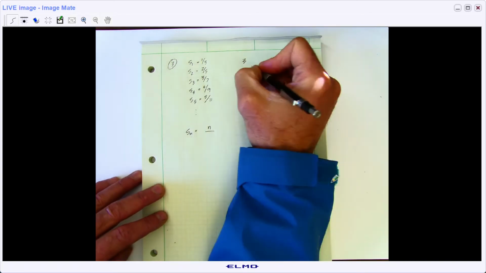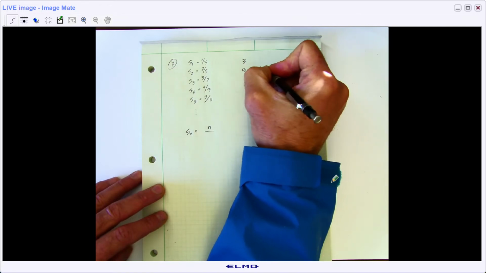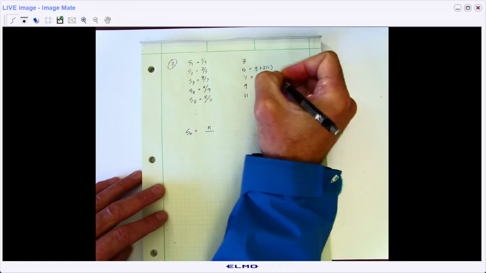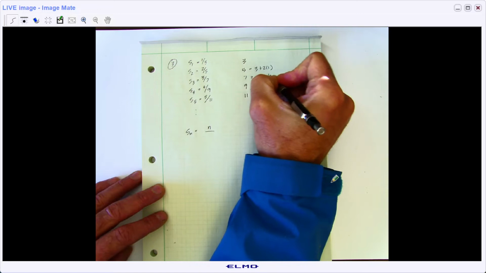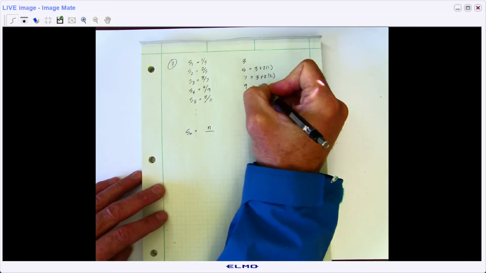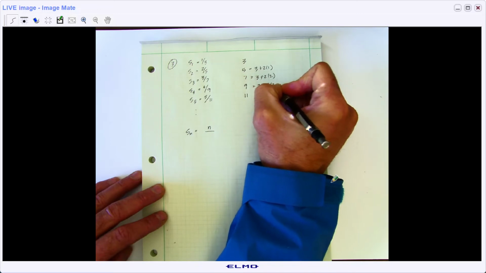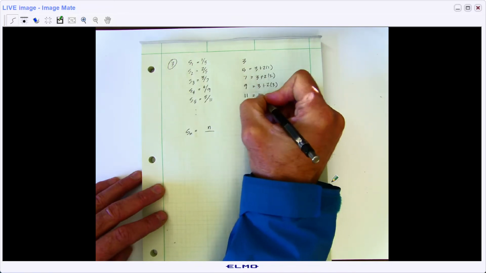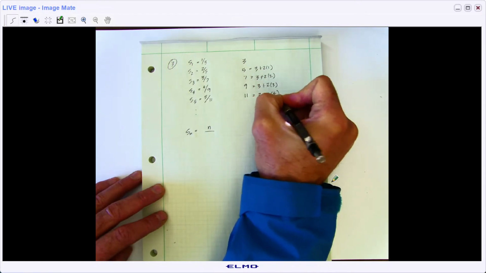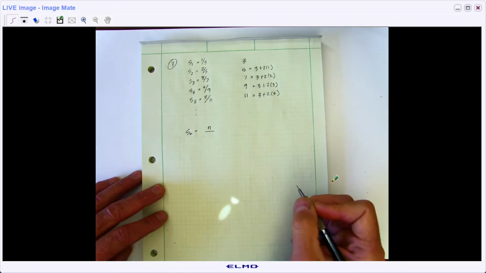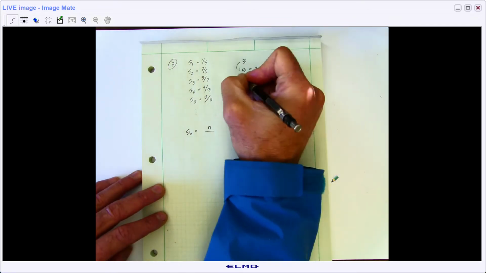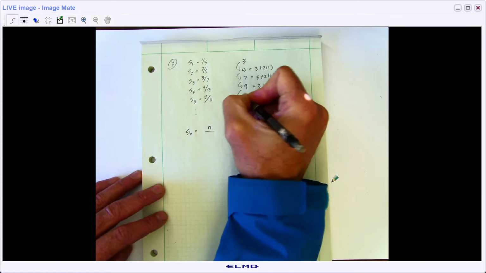So I could write 5 as 3 plus 2 times 1. I could write 7 as 3 plus 2 times 2. I could write 9 as 3 plus 2 times 3. And I could write 11 as 3 plus 2 times 4. So I hope you can see that, right? Each one of these is a plus 2.